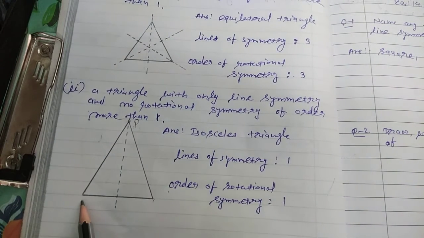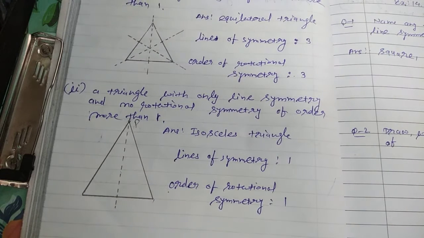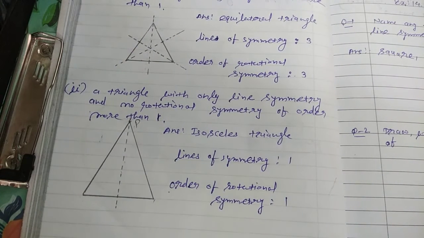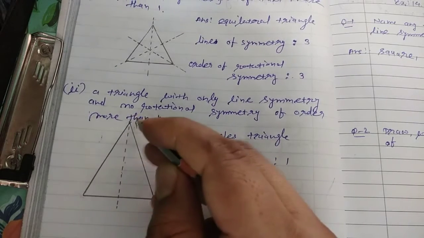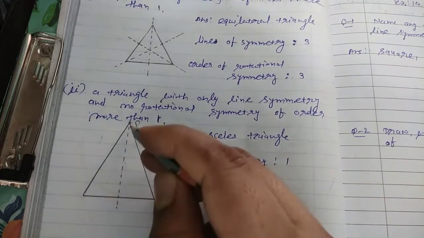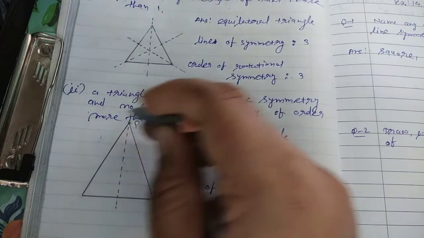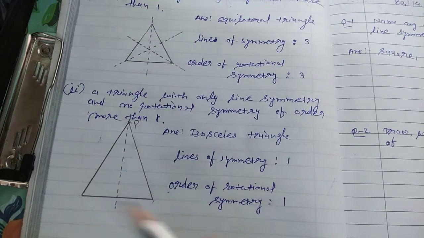Again, we will move it here, and again we get a shape of the triangle which is not exactly the same as the original shape. And again we will move it here. Again, at the original place this point P comes, and after 360 degree rotation we get exactly the same copy.